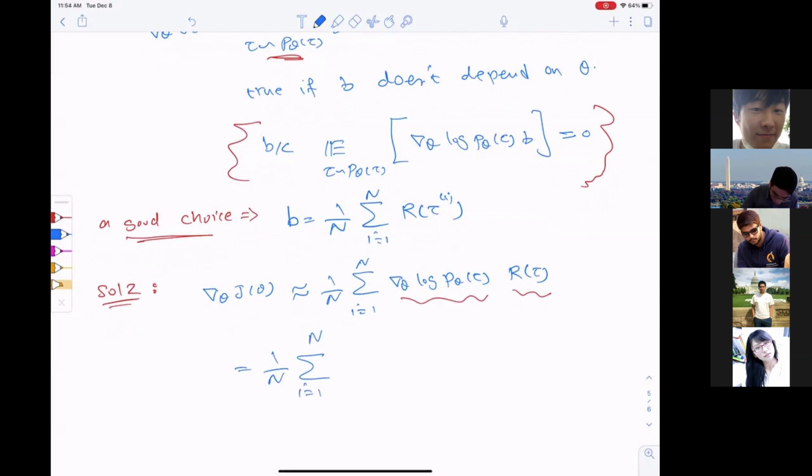For the log probabilities, if you remember, the states and the transition probabilities don't depend on theta, so I can just look at the sum of the gradients of the log probabilities of my pi theta network over t, over trajectory i.